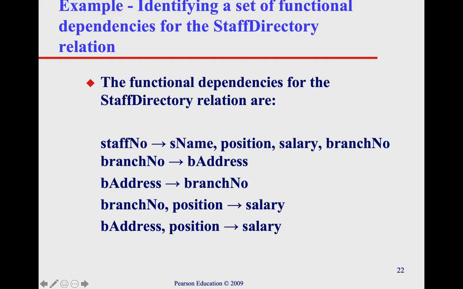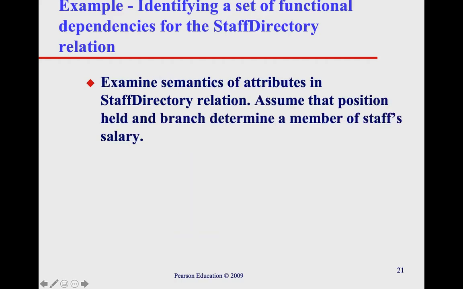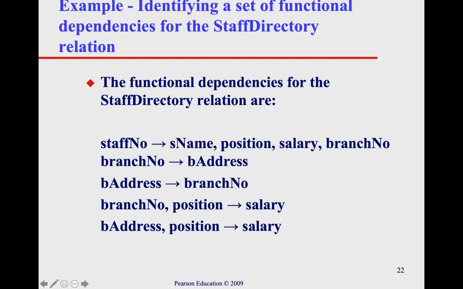And I kind of gave you this one by saying to assume position and branch determine a staff member's salary. But branch address determining branch number, and branch address and position determining salary, you might not have gotten. So you do have to think very carefully about what all the functional dependencies are and not just go for the obvious ones. Any questions about these dependencies?